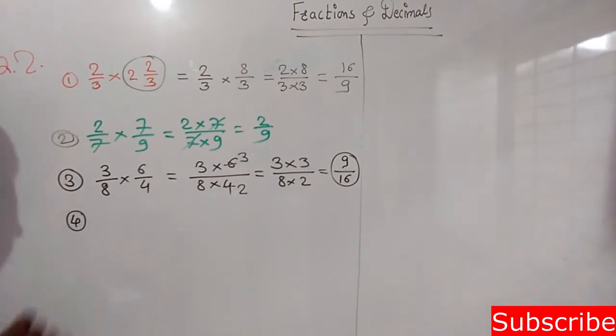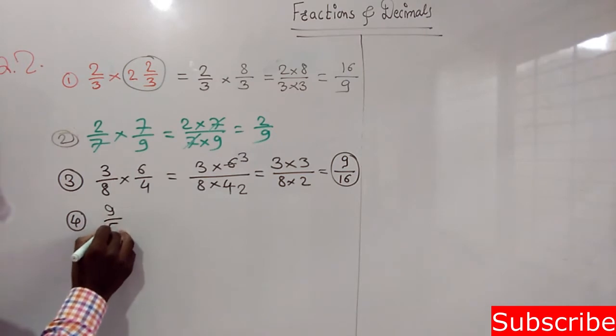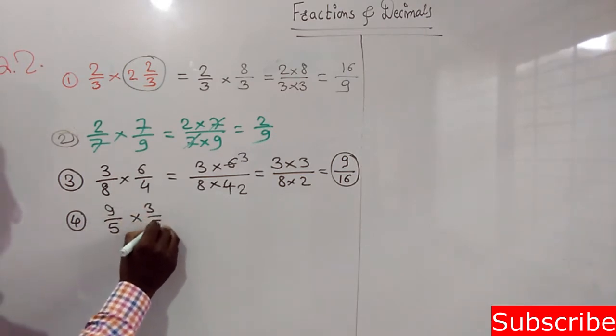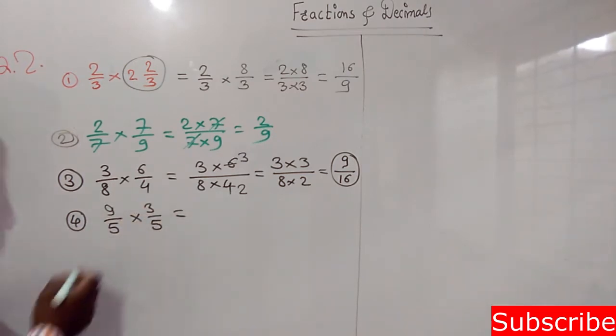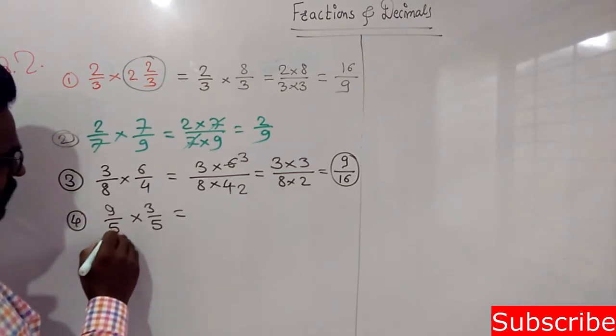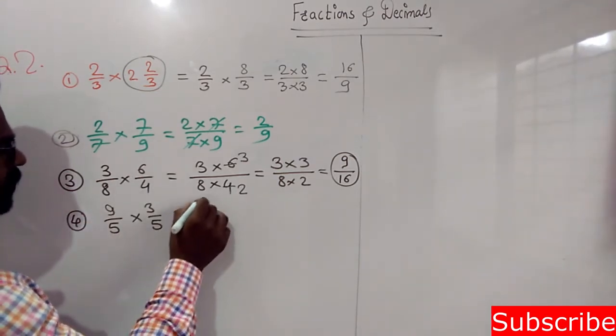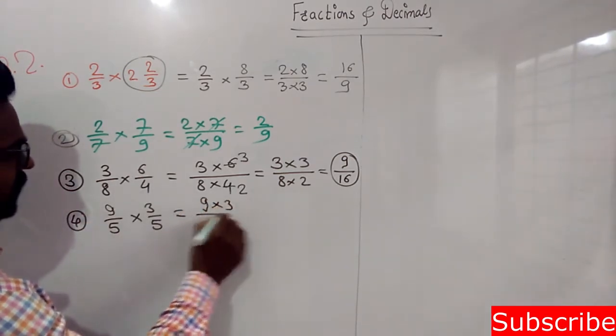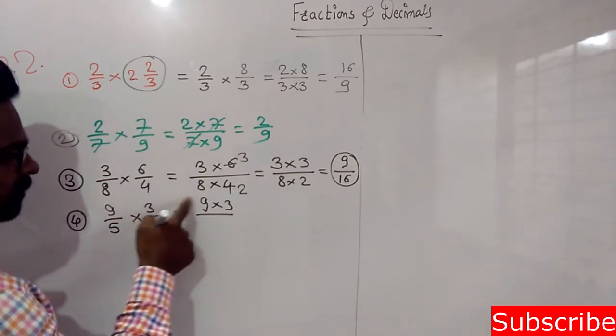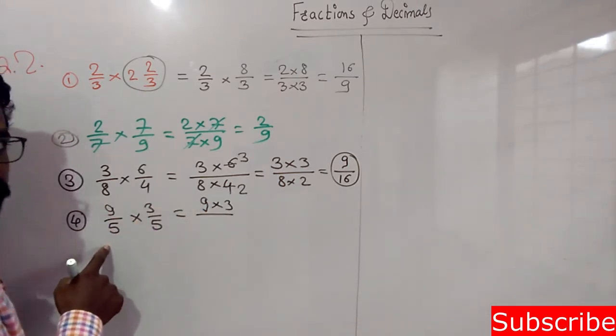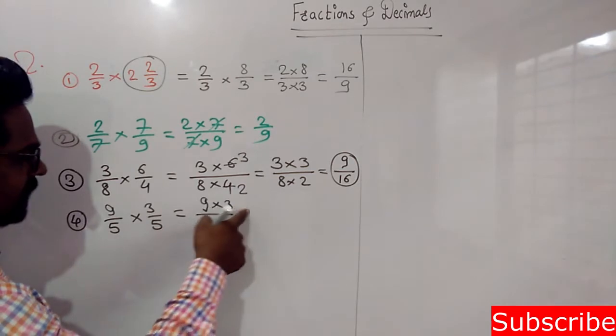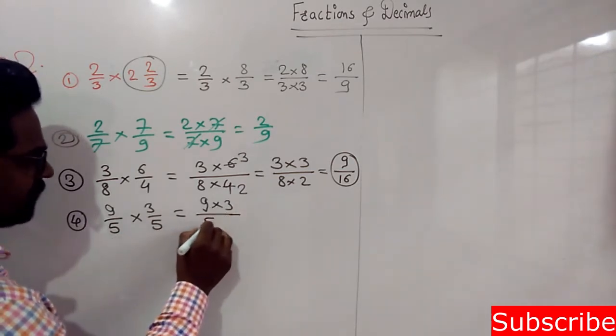Question number fourth one. 9 by 5 into 3 by 5. We will write it as 9 into 3, product of numerator in numerator, divided by product of denominator in denominator. So 9 into 3 divided by 5 into 5.